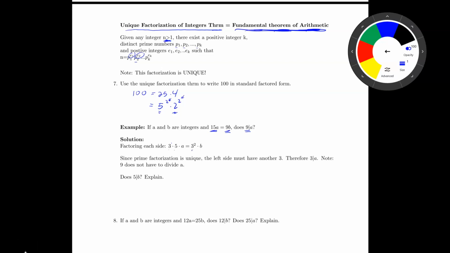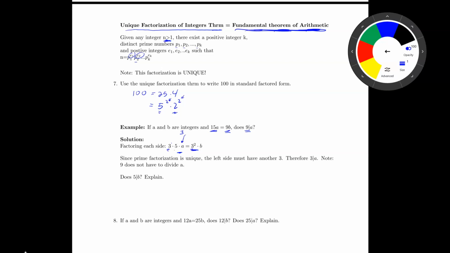So what do I know? I've got a factor of 3 here, and I've got 2 factors of 3 here, right? So since there are 2 factors of 3 on this side, there must be one more factor of 3 inside of a, correct? Because I've got 1 here, so one more must be hiding inside of a.